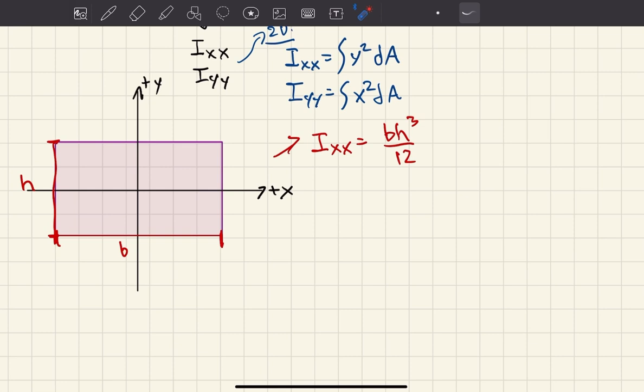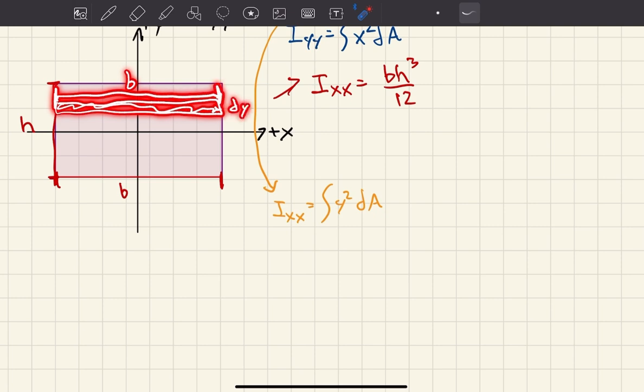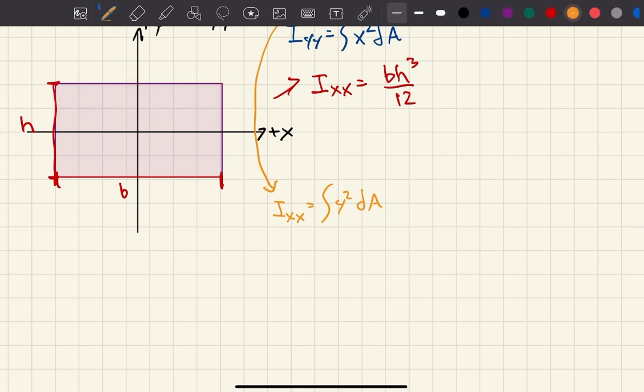So that's basically what we do for this guy. Ixx is equal to the integral of y squared dA. Again, what did I say? We can replace dA with this differential slice, the length b multiplied by dy, just base times height. So this is equal to the integral of y squared multiplied by b dy.